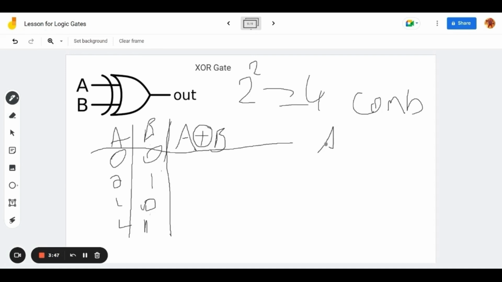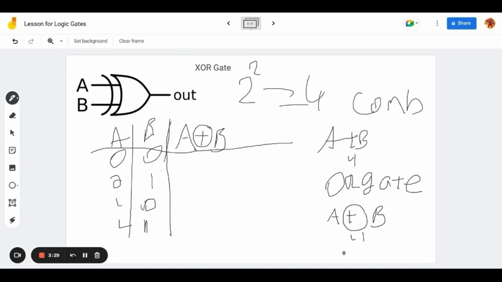So A plus B equals the OR gate, while A circled-plus B equals the XOR gate.